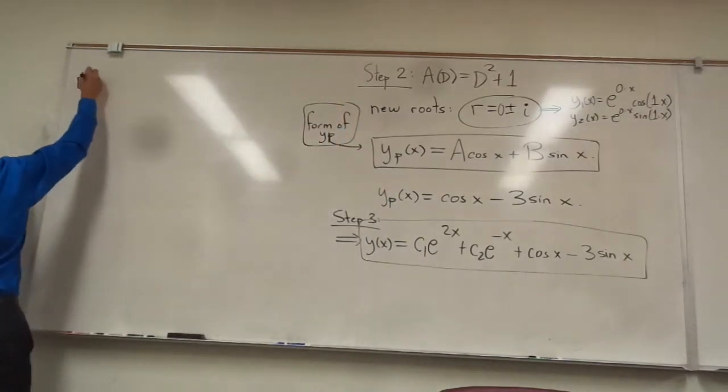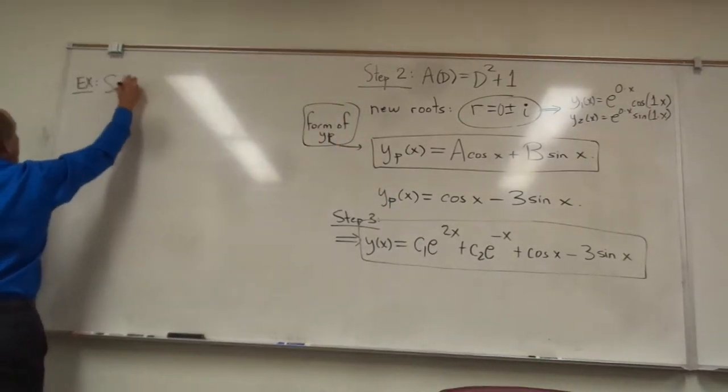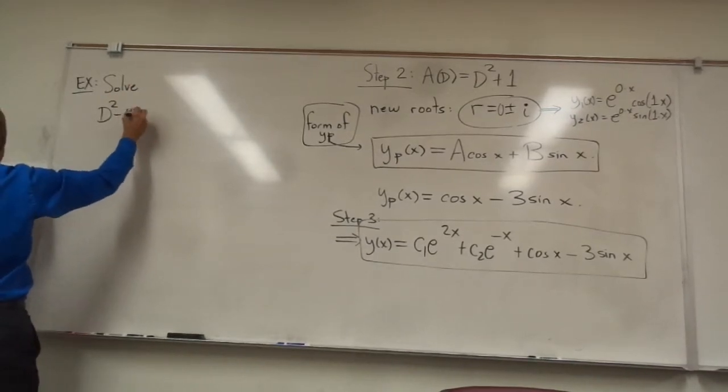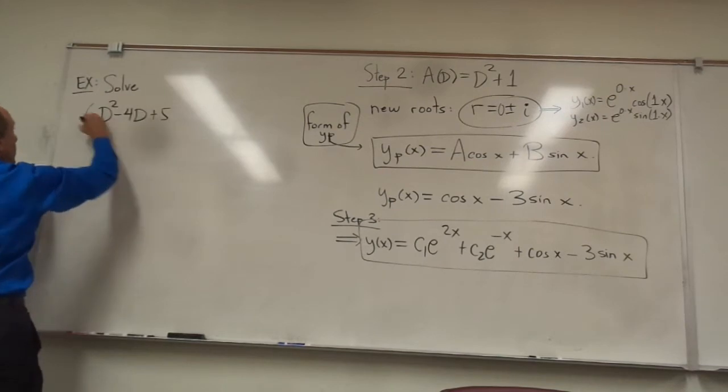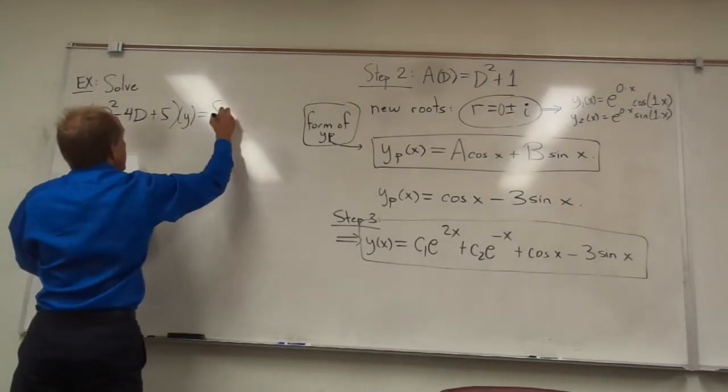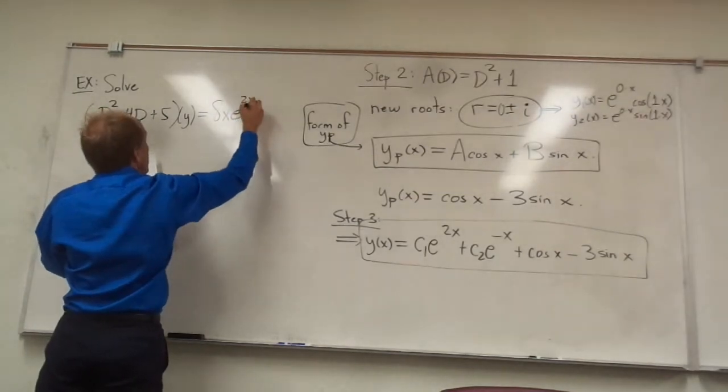Suppose I asked you to solve the following problem: d squared minus 4d plus 5 of y equals 8x e to the 2x cosine of x.